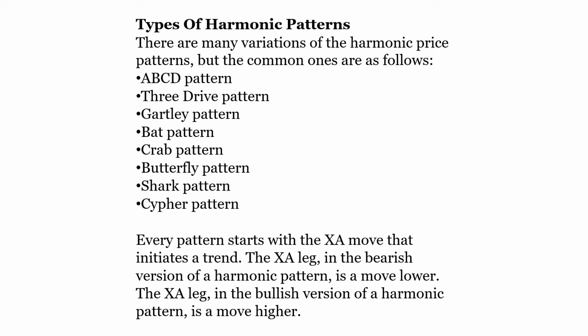The XA leg in the bullish version of a harmonic pattern is a move higher. Each of these patterns has its bullish and bearish versions as they produce a buy and sell signal respectively. Try learning more about each one of them before identifying the best harmonic pattern for your trading style.